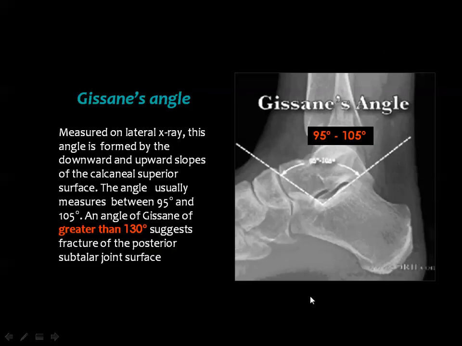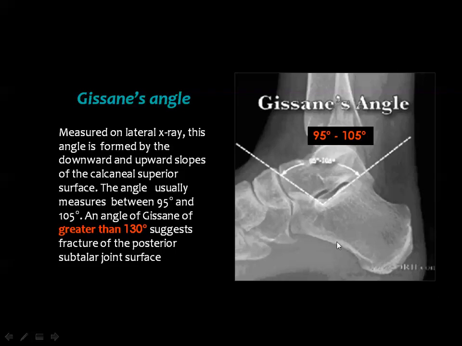And this is the other angle, you measure the angle between the two articular surfaces of the calcaneus against the talus, and this angle is usually in the range between 95 and 105 degrees.